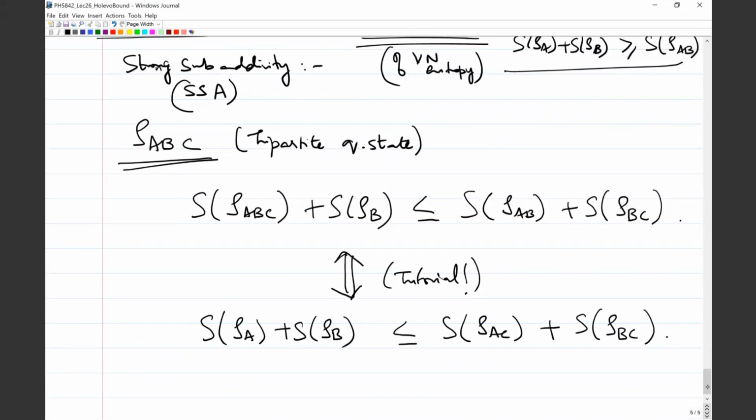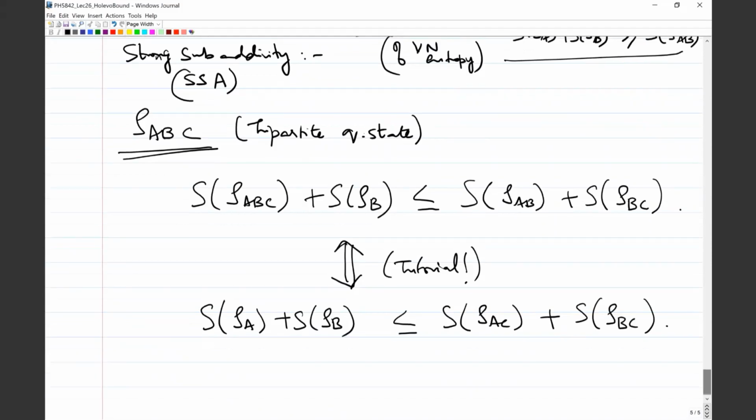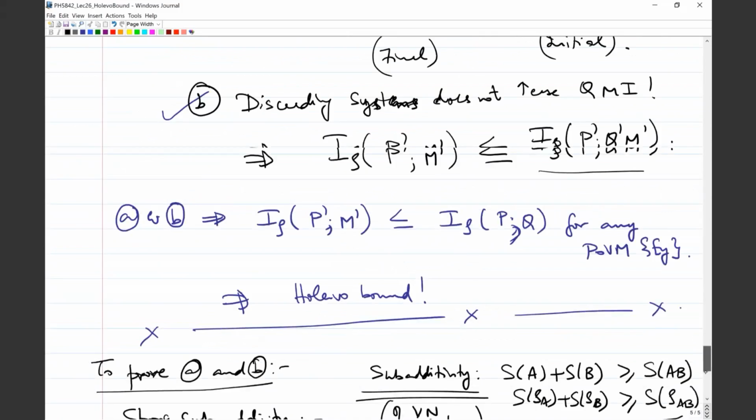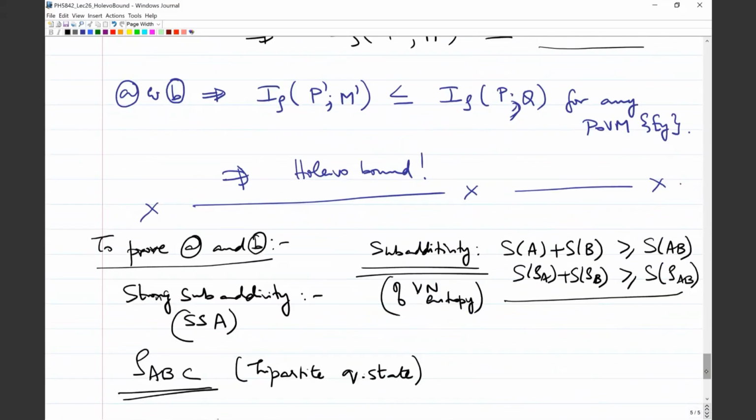This kind of statement, what I've written down in the second line, is a somewhat trivial statement if you think about classical entropies. Why is it trivial? Because in the classical case, of course, you still have subadditivity, but the individual entropies cannot be larger than the joint entropy.